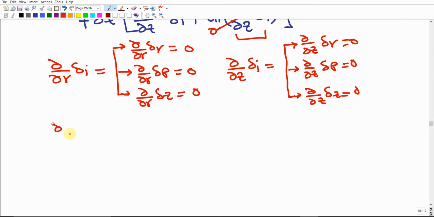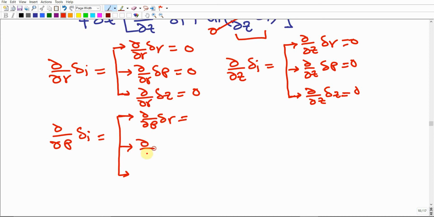Then how about the partial by partial θ of δi? Again, it is going to be split into three values: partial by partial θ of δr, partial by partial θ of δθ, and partial by partial θ of δz.